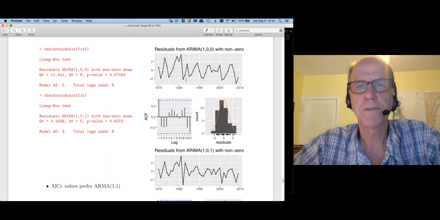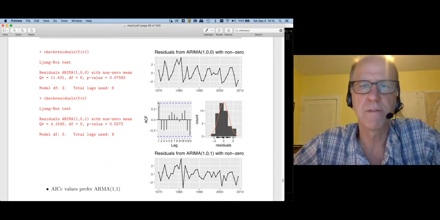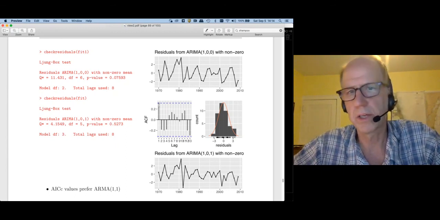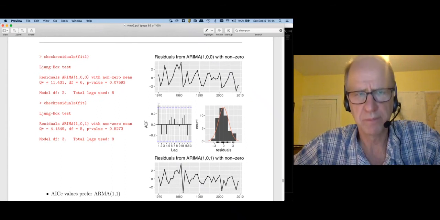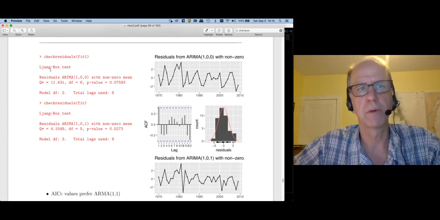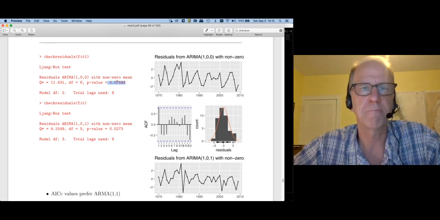Our ACF for the AR(1) model shows one borderline significant autocorrelation value, signaling that maybe there's a little bit more happening here. When we look at our Ljung-Box test, it's borderline significant. The null hypothesis for this is that our ACF values are 0, and so we're not completely sure about that.